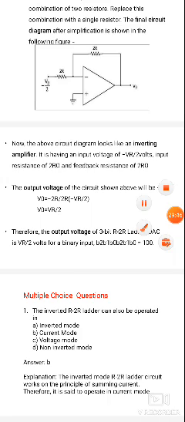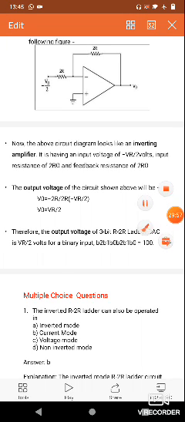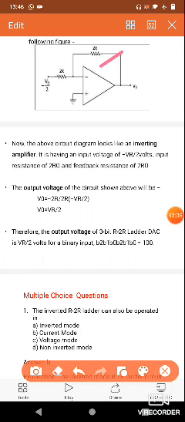Here the Vi value is VR by 2. Rf is the feedback resistance, whose value here is 2R, and R1 is the input resistance, which is 2R. So V0 by Vi equals minus Rf by R1, and V0 equals minus Rf by R1 into Vi.